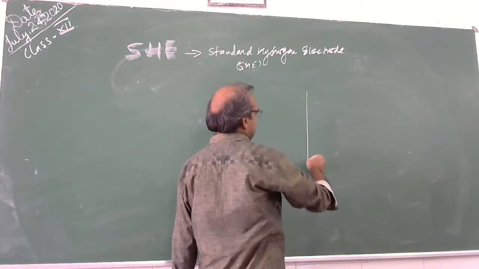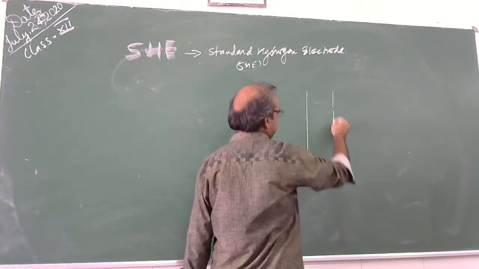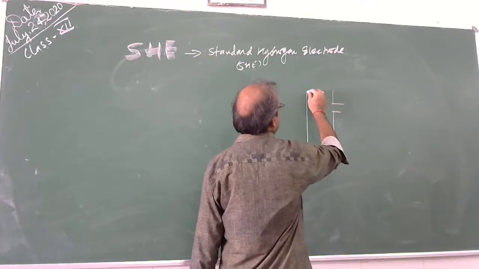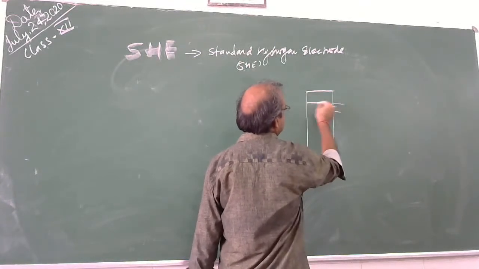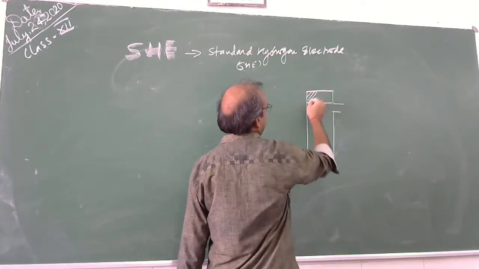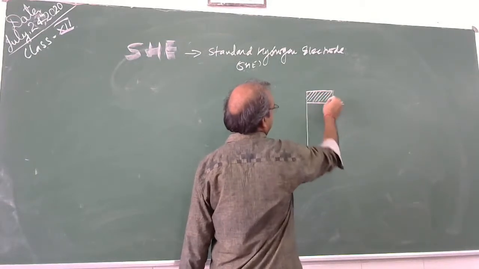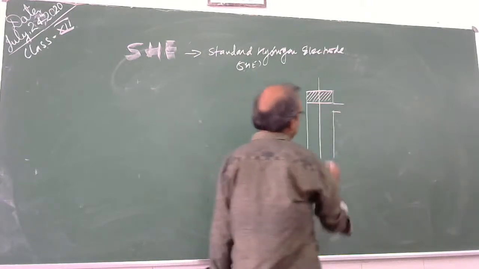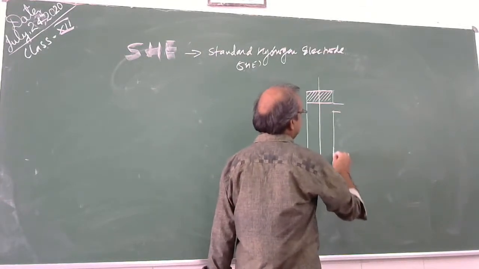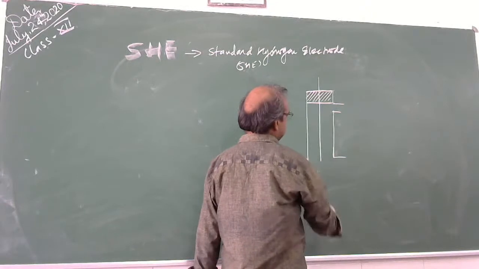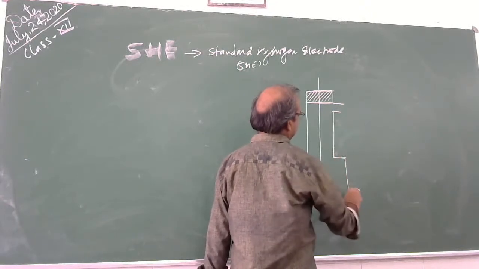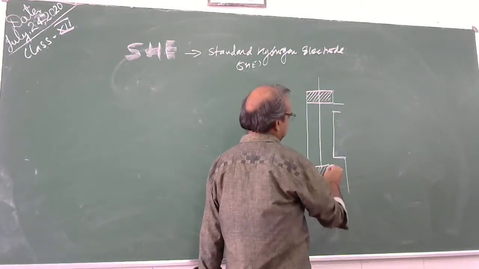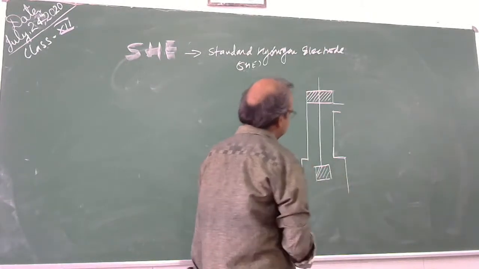So there is a tube and that tube is open here, and from here it is a closed vessel. From here there is a platinum wire, and that platinum wire ends with platinum foil coated with platinum black.